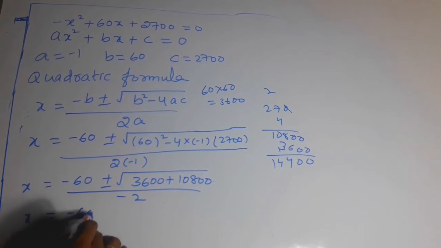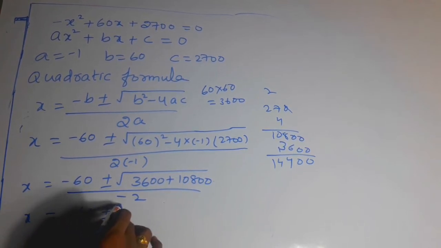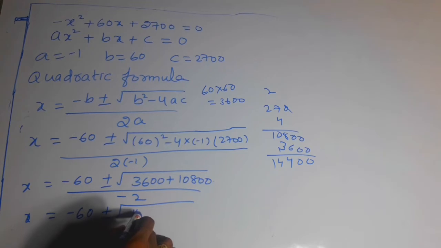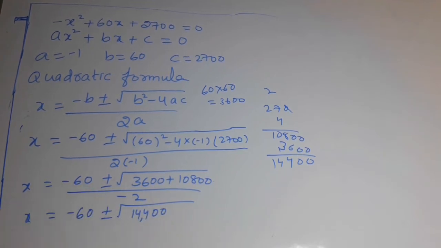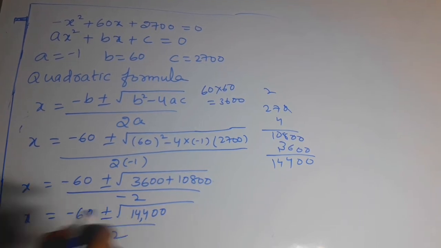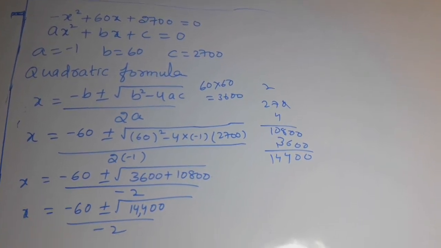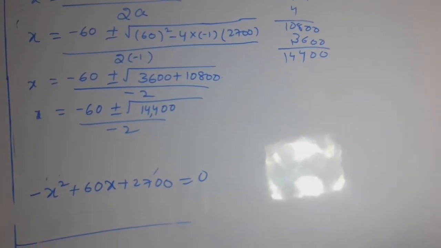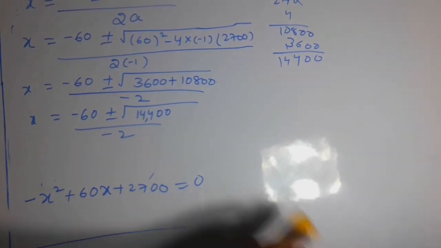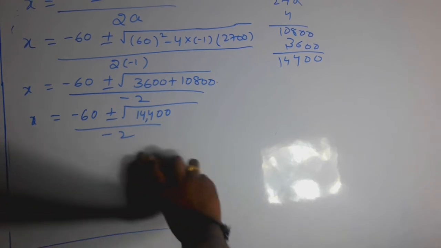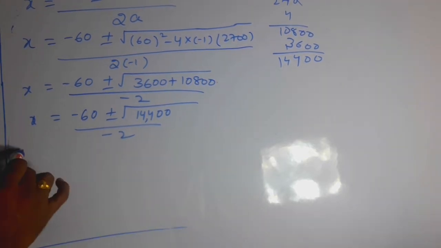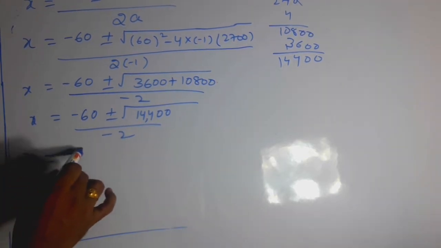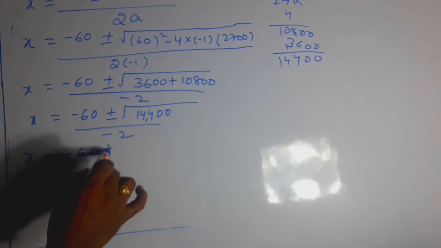So x equals minus 60 plus or minus under root 14,400 by minus 2.